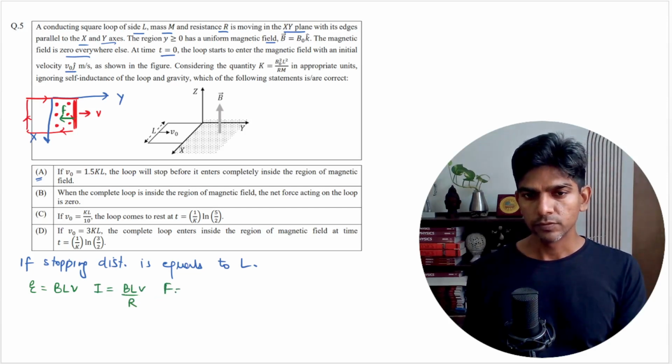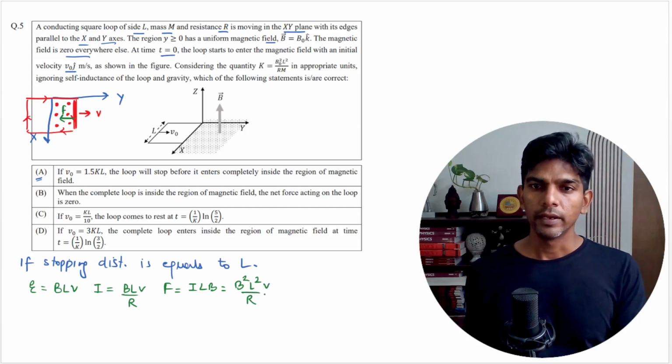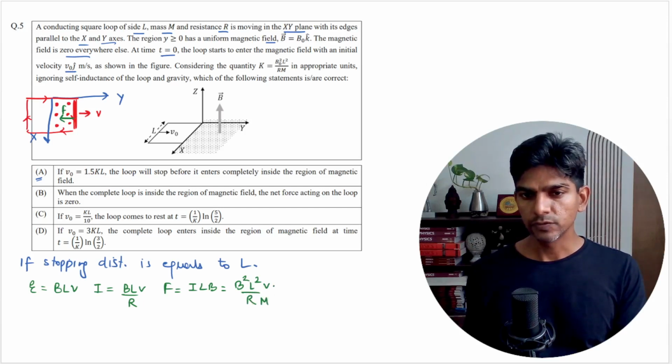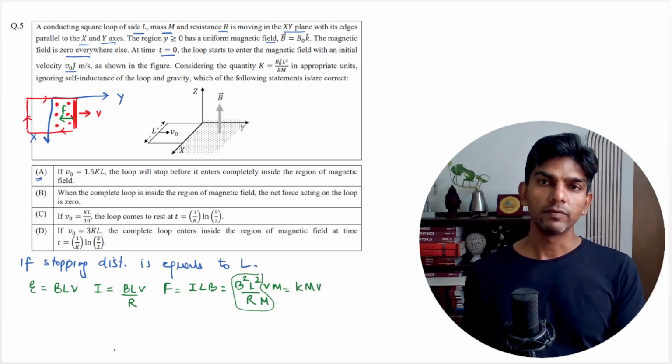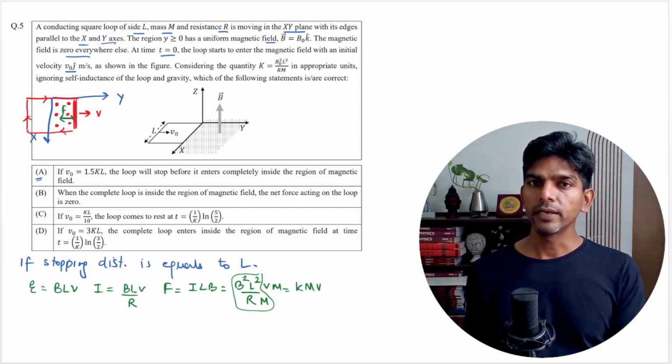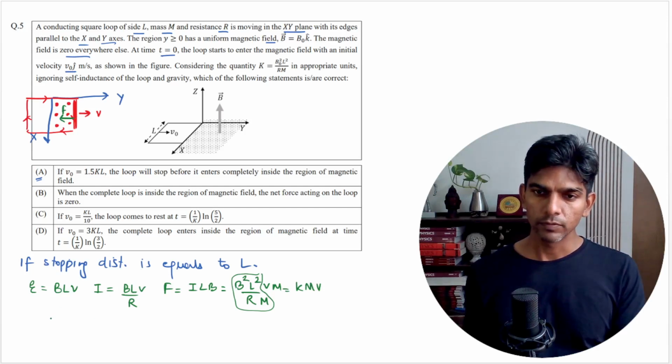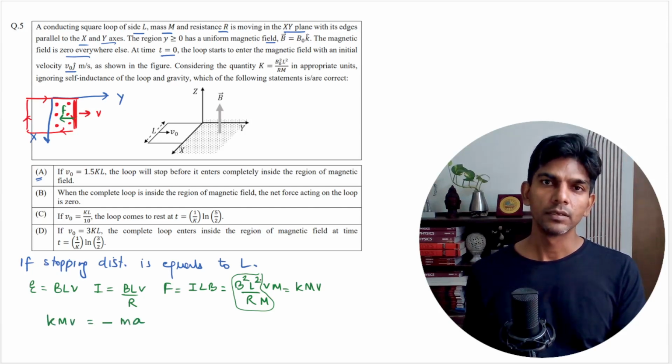And the force will be ILB, which will be B square L square V divided by R. And I can multiply and divide this with M. Now this factor is nothing but K. So we are getting KMV, right? So that will be the force. Now if we apply Newton's second law, we can say KMV is nothing but negative of mass times the acceleration.